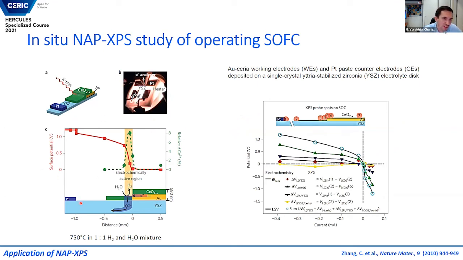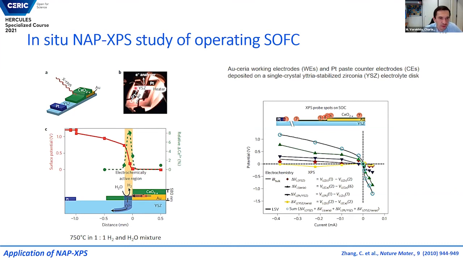Here is one example where people built such a planar fuel cell. They had three electrodes. One is this electrode, which is, I guess, for the oxygen reduction reaction, if I'm sure.